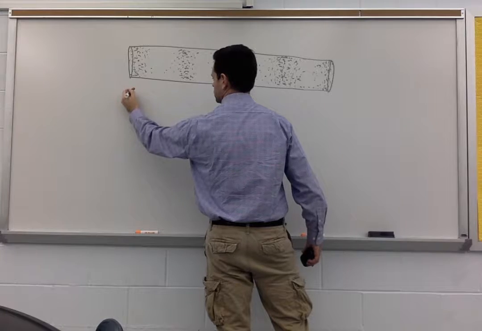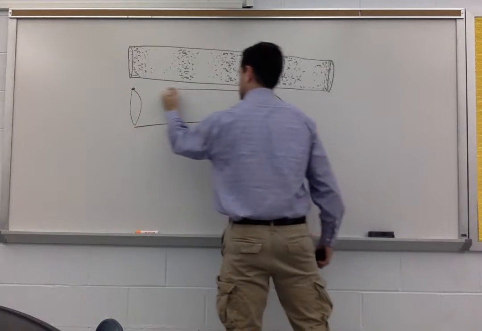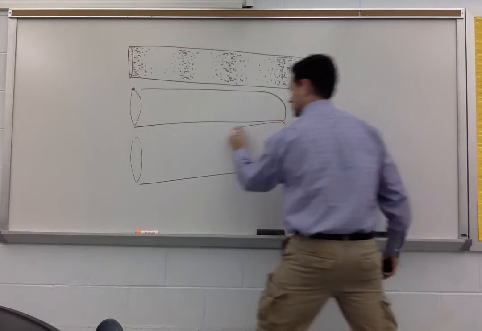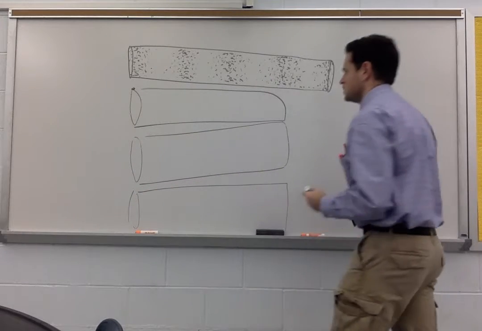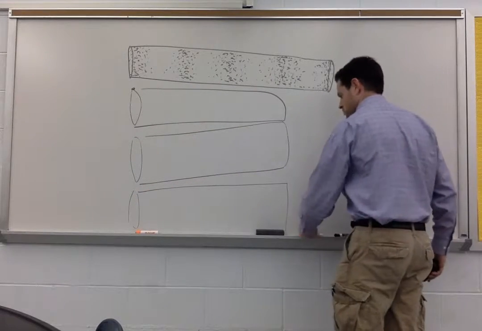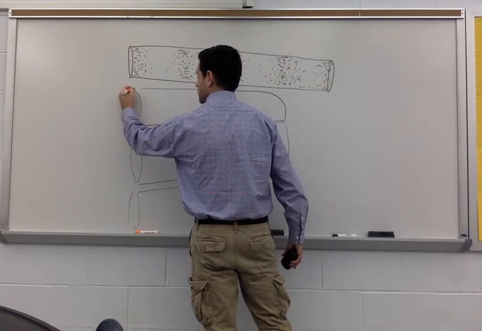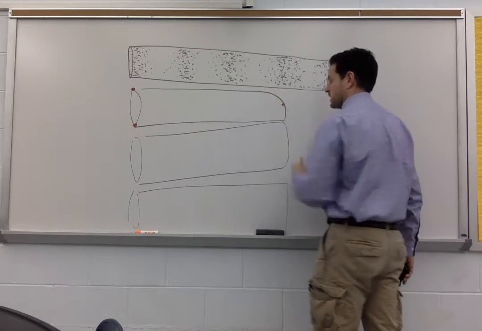I'm going to redraw a couple of tubes here. Here's one. Here's the second one. And here's a third one. This first tube, here is the open end, so that's going to have an antinode. And here is the closed end, so that's going to have a node.